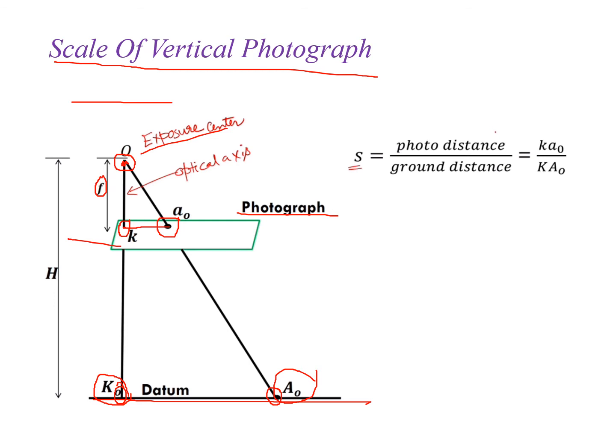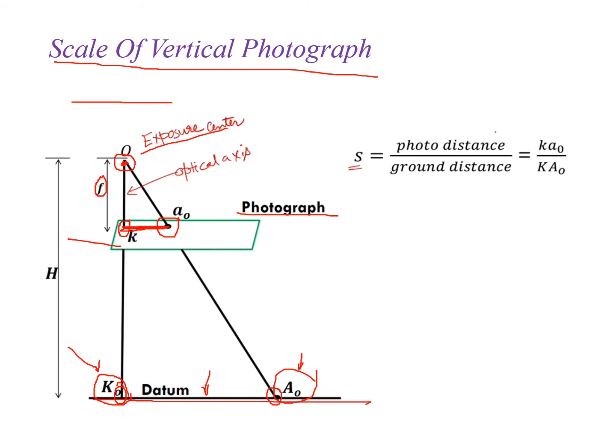Now the distance between K0 and A0 on the datum will be parallel to the distance k a on your photograph.